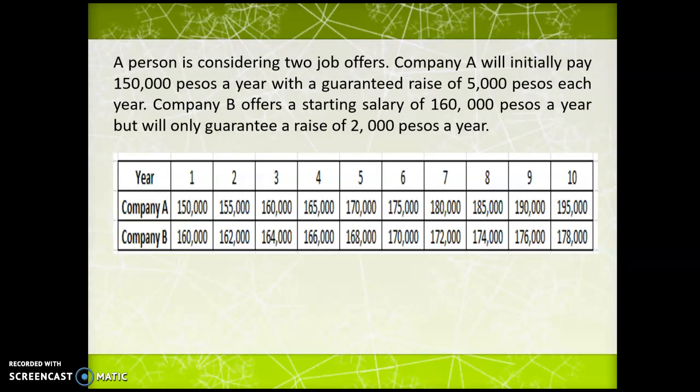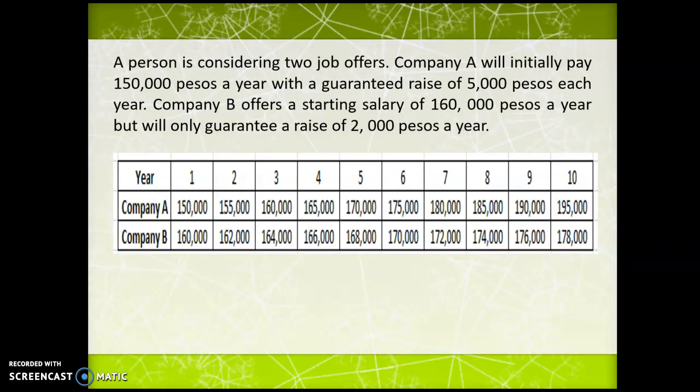In company A, you started with 150,000, and then every year you are guaranteed a raise of 5,000 pesos each. So from 150,000 first year, second year 155, 160,000, 165, 170, 175, and so on until the 10th year 195.